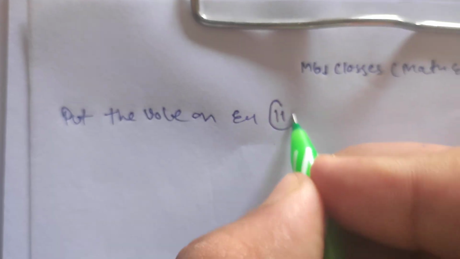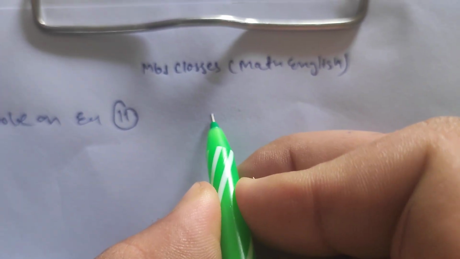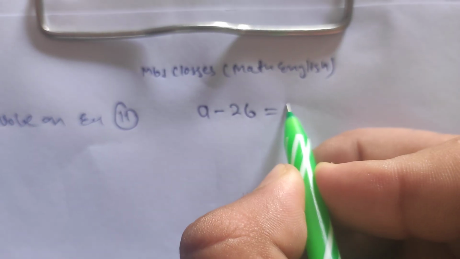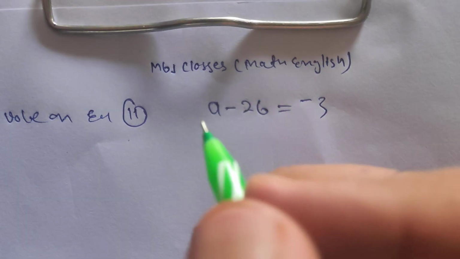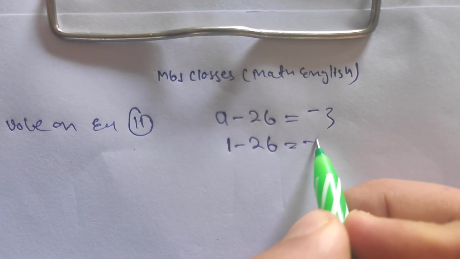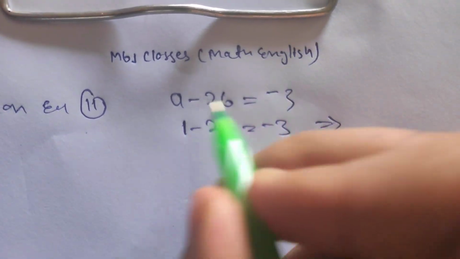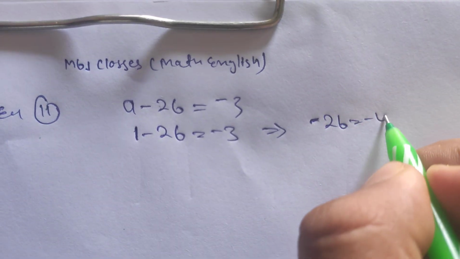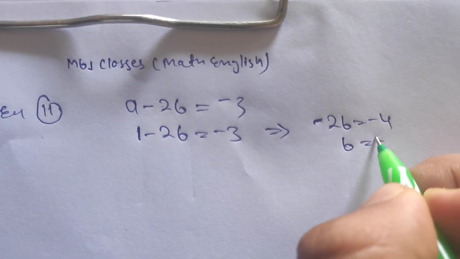I say equation 2. The equation 2 is a minus 2b equal to minus 3, so 1 minus 2b becomes minus 3, and this implies minus 2b becomes minus 4 and b becomes plus 2.